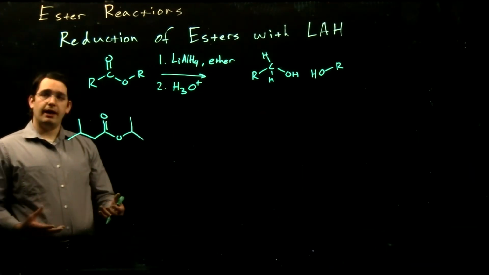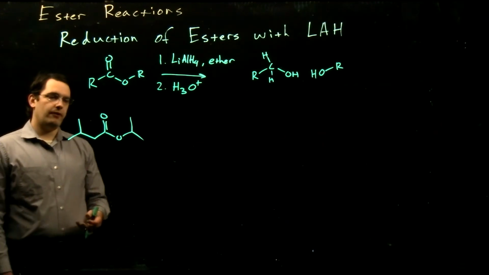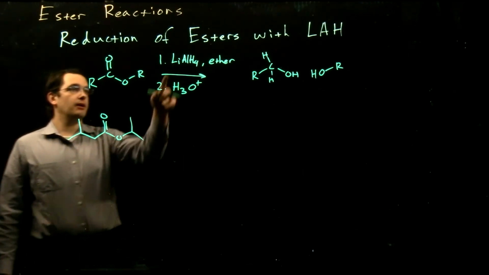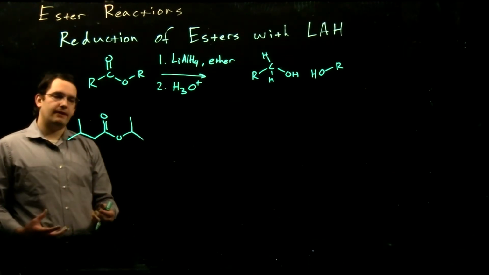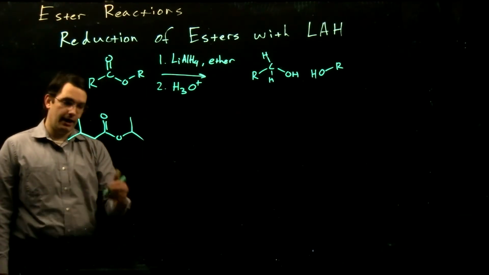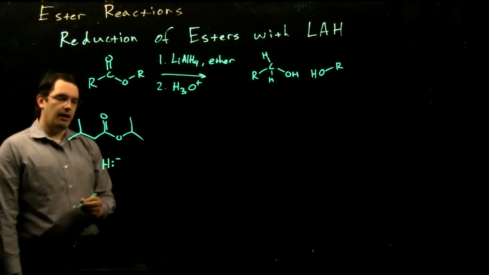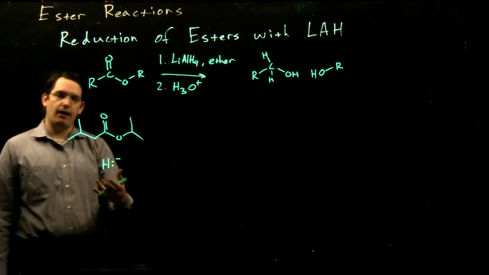Now this reaction, again, shares a lot of similarities with our nucleophilic acyl substitution reactions. Our lithium aluminum hydride essentially acts as a donor of hydride ions, which are negatively charged hydrogens. So we're essentially reacting with our hydrogen.